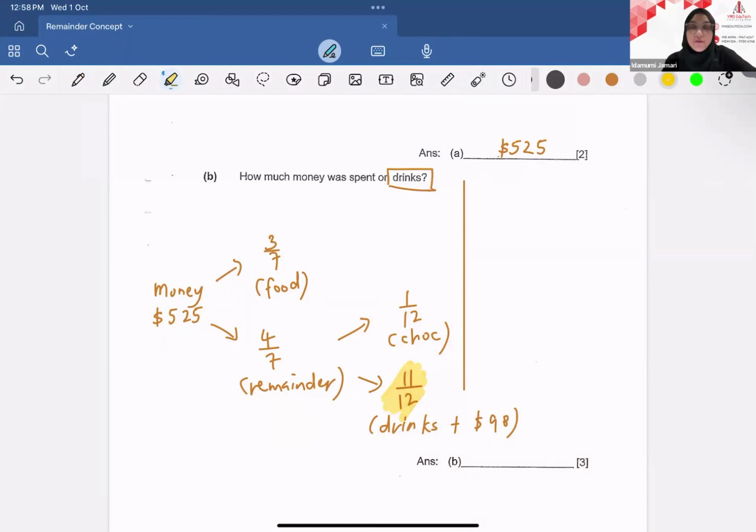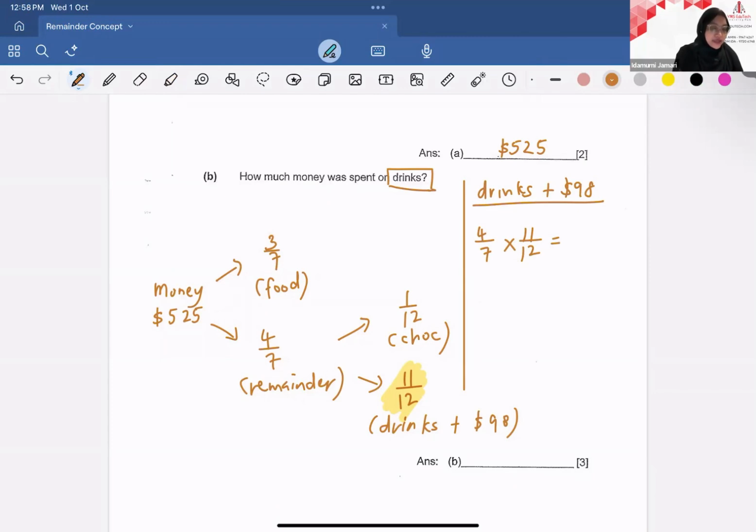This 11 out of 12 is not part of the whole amount of money. It is part of the remainder. Hence, we need to know what fraction of the money was spent on drinks as well as the amount of money left. So that will be 4 out of 7 multiplied by 11 out of 12.